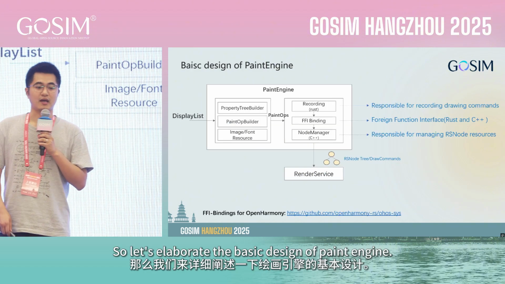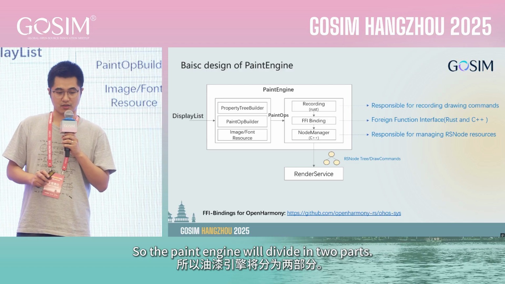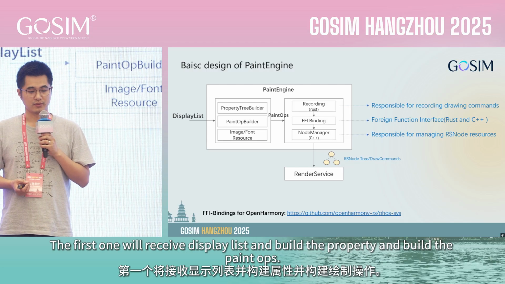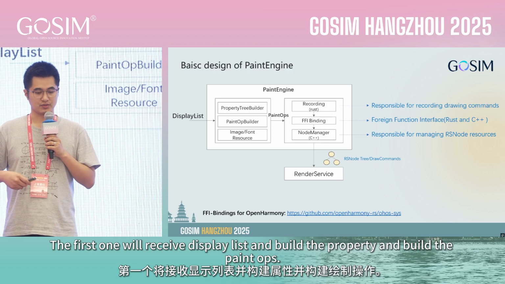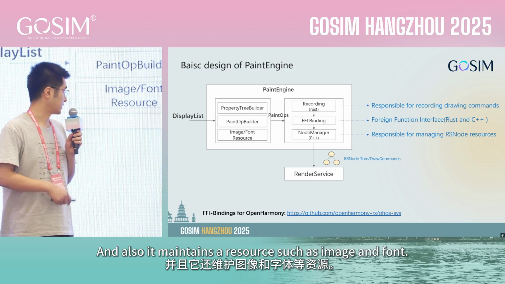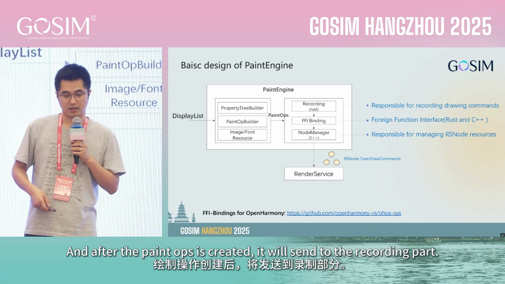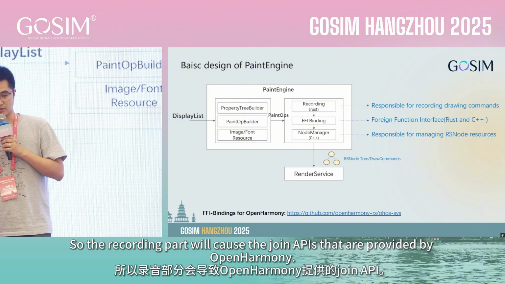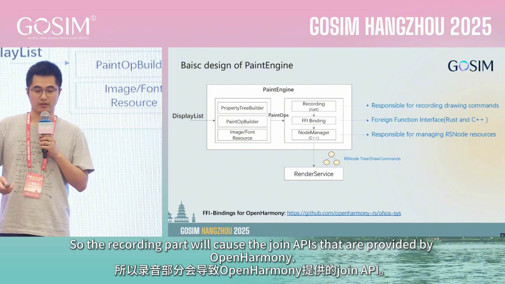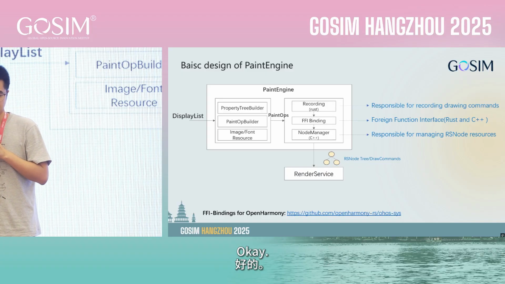Let's elaborate on the basic design of the paint engine. The paint engine is divided into two parts. The first part receives the display list, builds the property tree and builds the paint ops. It also maintains resources such as images and fonts. After the paint ops are created, they are sent to the recording part, which calls the JS APIs provided by OpenHarmony.